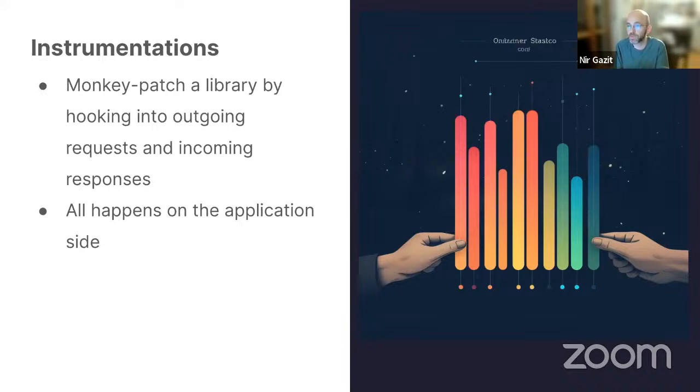So as part of the OpenTelemetry ecosystem, we have these instrumentations that provide you with out-of-the-box logs, metrics, and traces for that specific building block that you're using. Let's say you're using a Postgres DB, and you want to look at CPU usage and latency. You just install the Postgres instrumentation, and you get all of these out of the box, plug it into your observability platform, and you can see everything.